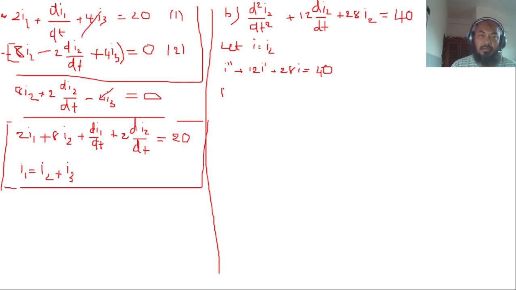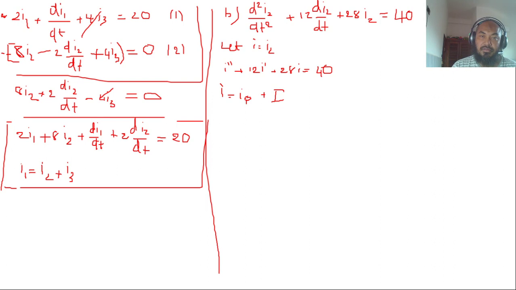So as you know, I is equal to IP plus I, particular non-homogeneous solution, and this one is a general solution of homogeneous ODE.